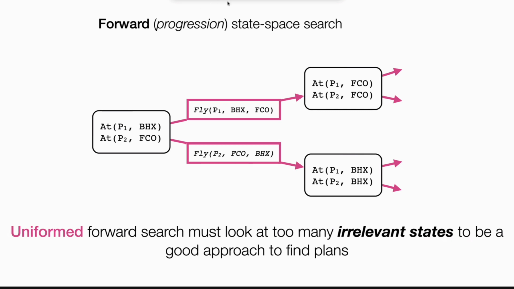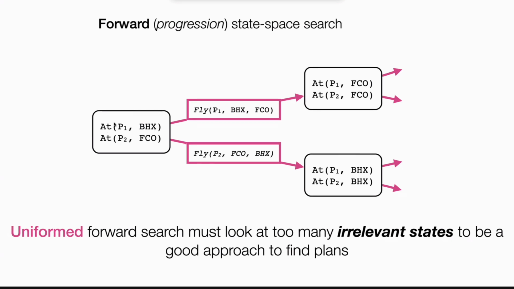And we build the tree. We can build the tree by what's called forward state space search. This is the simplest way of thinking about this. We start with our initial state, and our successors are generated by applying different actions to the state.